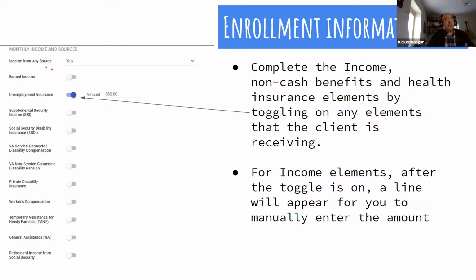The key part is that from the time of the housing move-in date forward, the client is counted as housed for that entire time. So if they're not housed, that's why they would need to be dismissed.